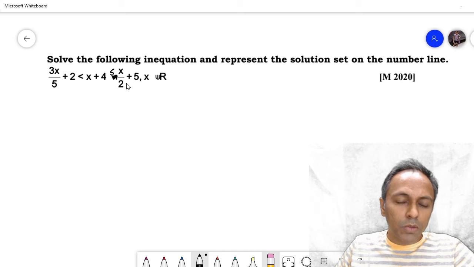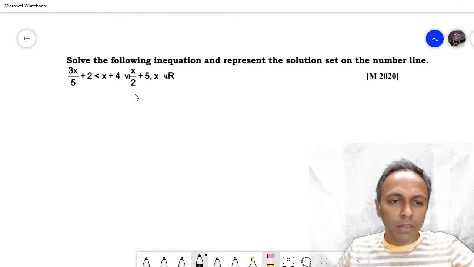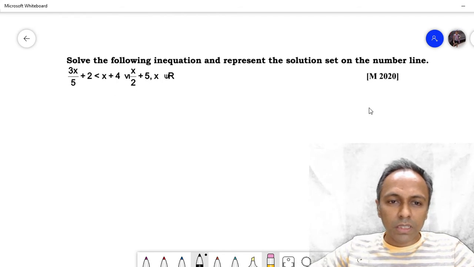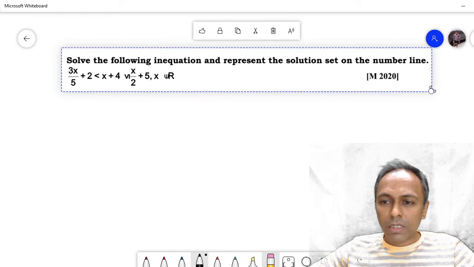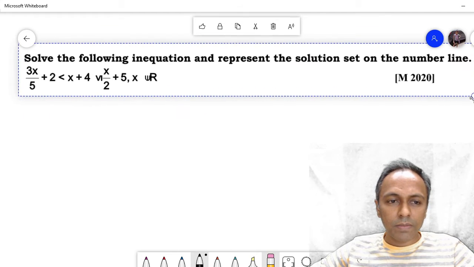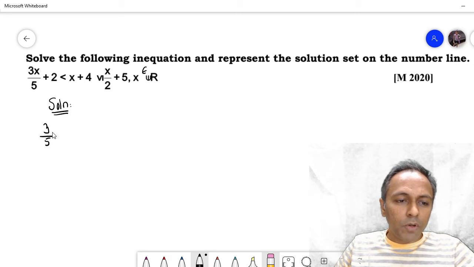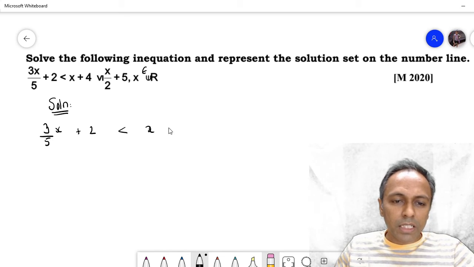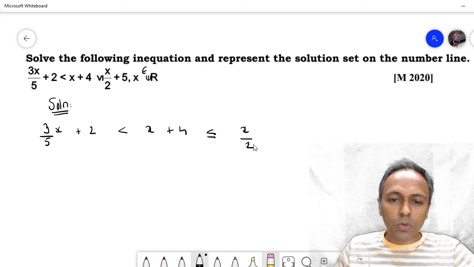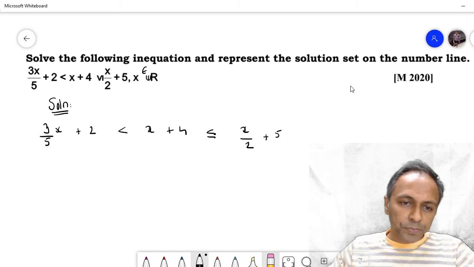It is written less than or equal to. Okay, just one second. Here x belongs to R is written. Let's take down this question. So 3/5x plus 2 is less than x plus 4 is less than or equal to x/2 plus 5.